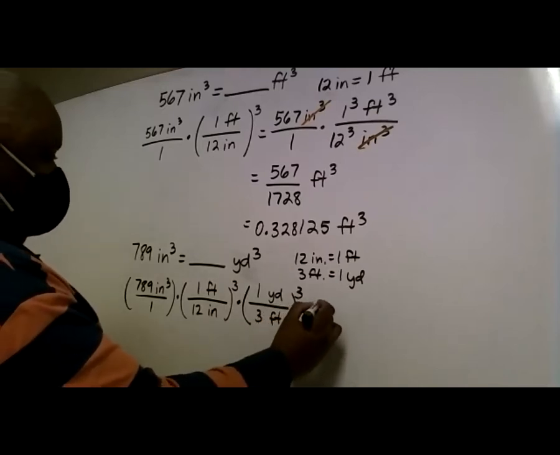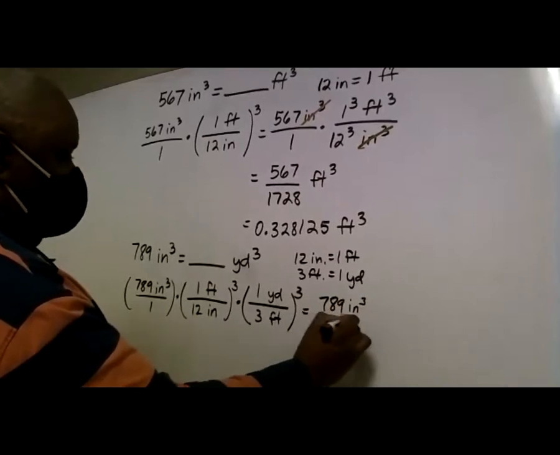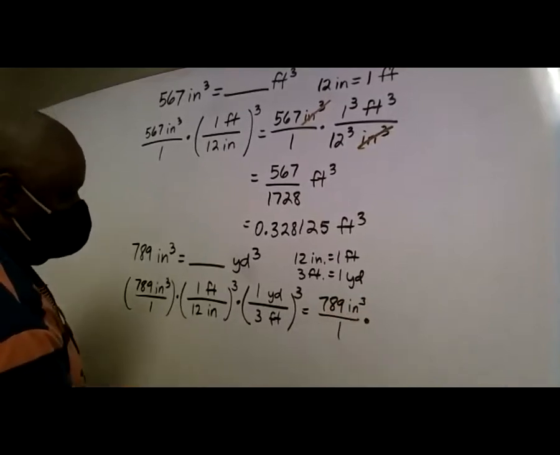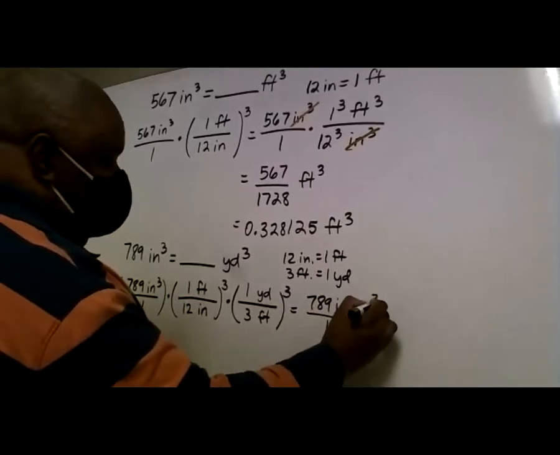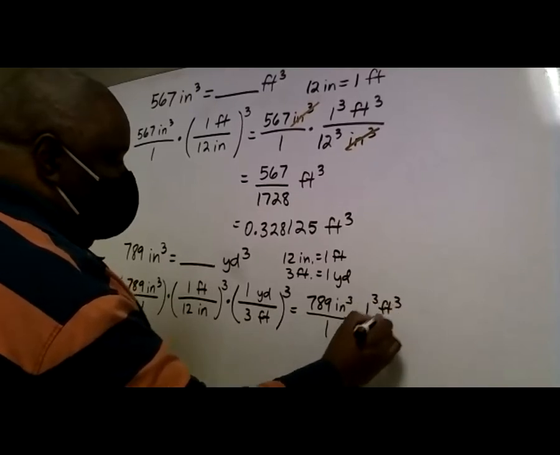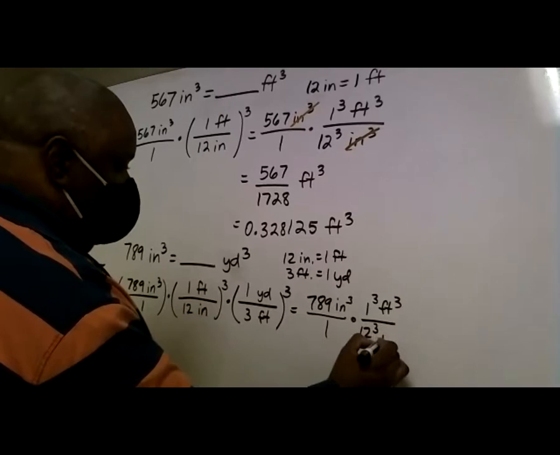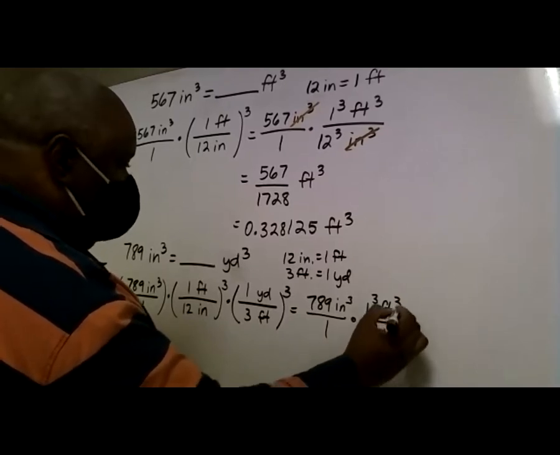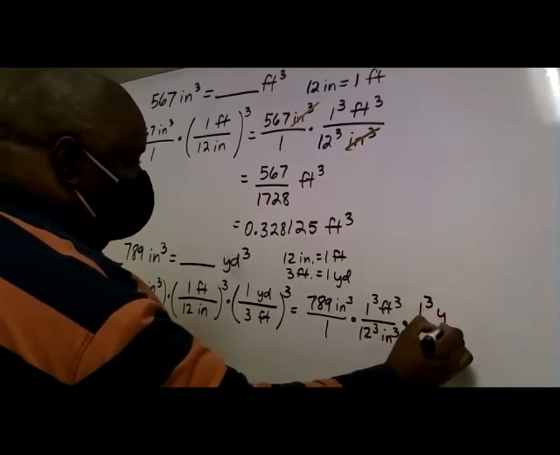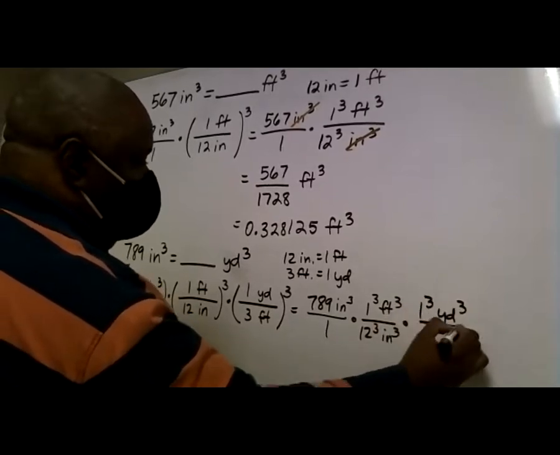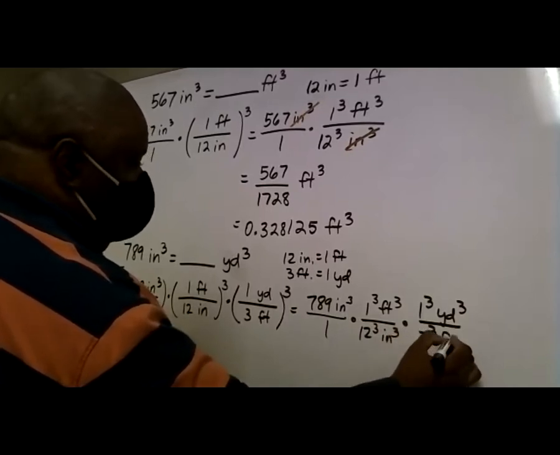All right, if I simplify this, this will be 789 cubic inches over 1 times this, everything in the parentheses has to be cubed. So it'll be 1 cubed, and then feet cubed, and then 12 cubed, inches cubed, times 1 cubed, and then cubic yard, divided by 3 cubed, and then feet cubed.